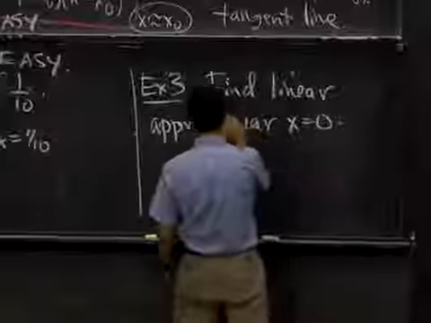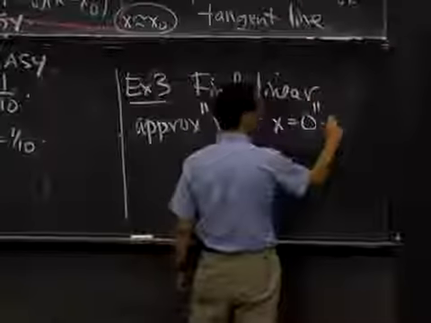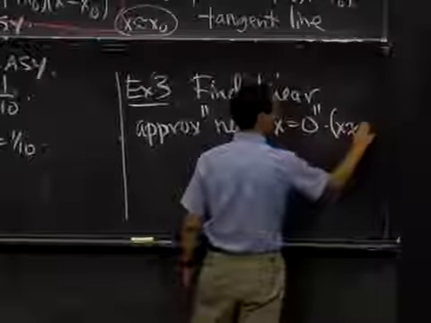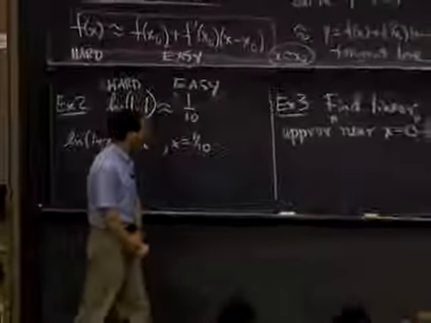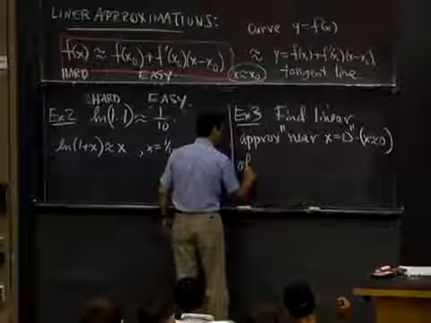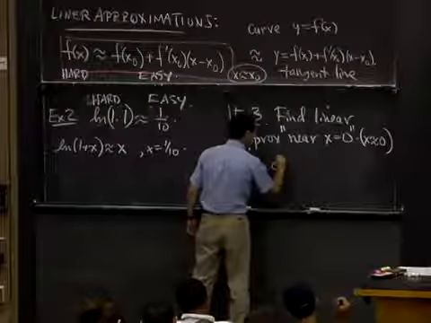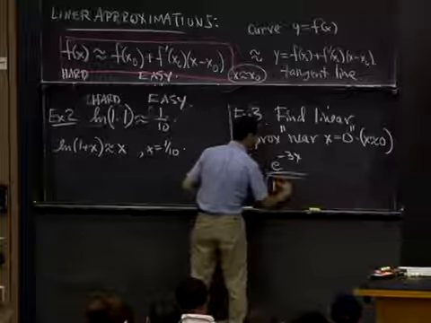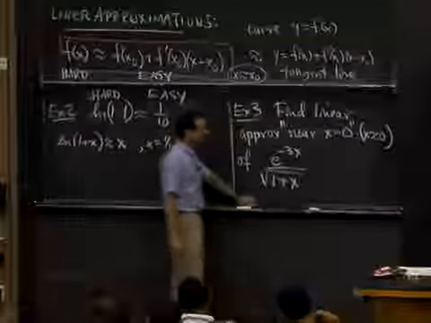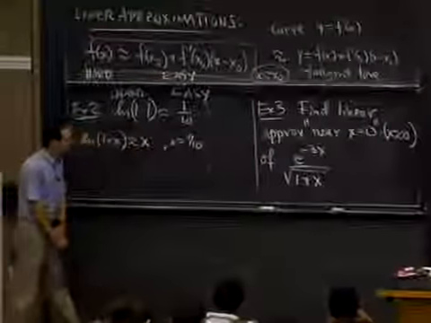When I write near x equals 0, that's the same thing as saying x is approximately 0, of the function e to the minus 3x divided by square root of 1 plus x. So here's a function.